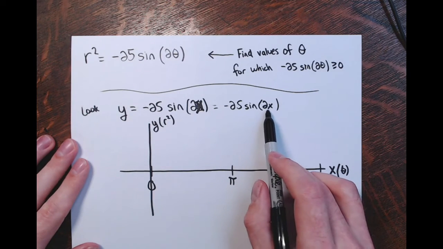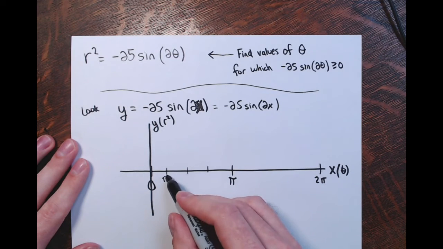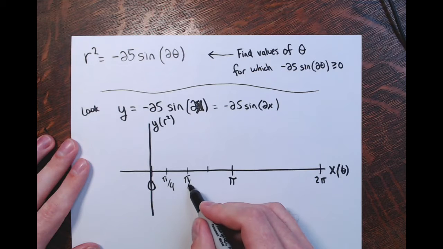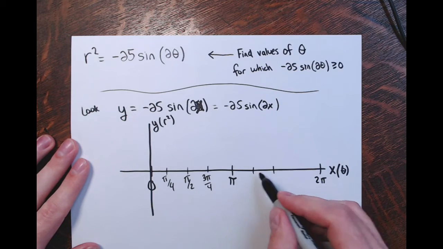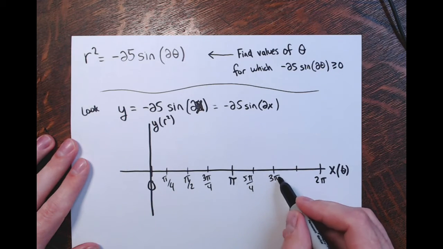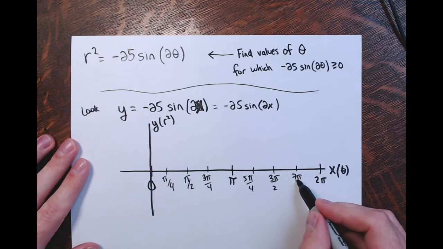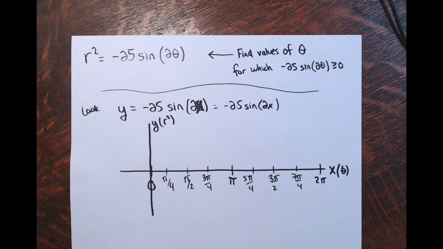Since the period is pi, I'll cut this into quarters, so we're going to go every pi over 4 here. And then same thing over here, cut it into quarters. This would be 5 pi over 4. And I'll be seeing the same picture twice.